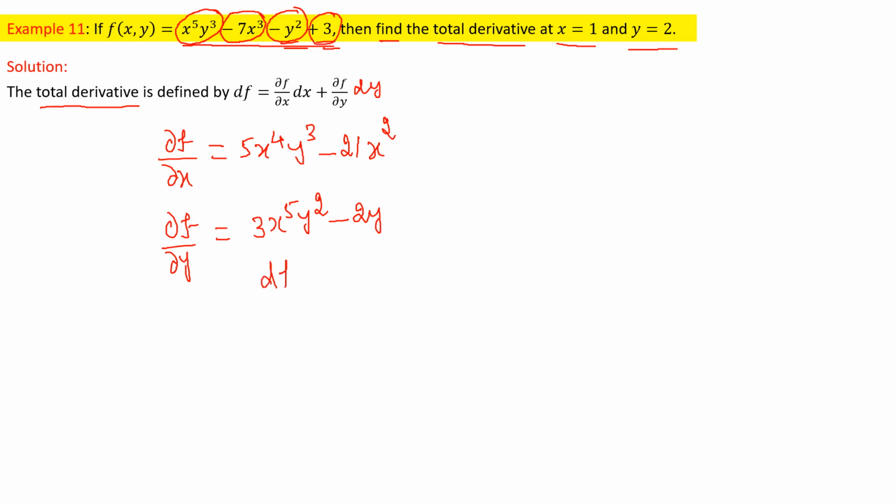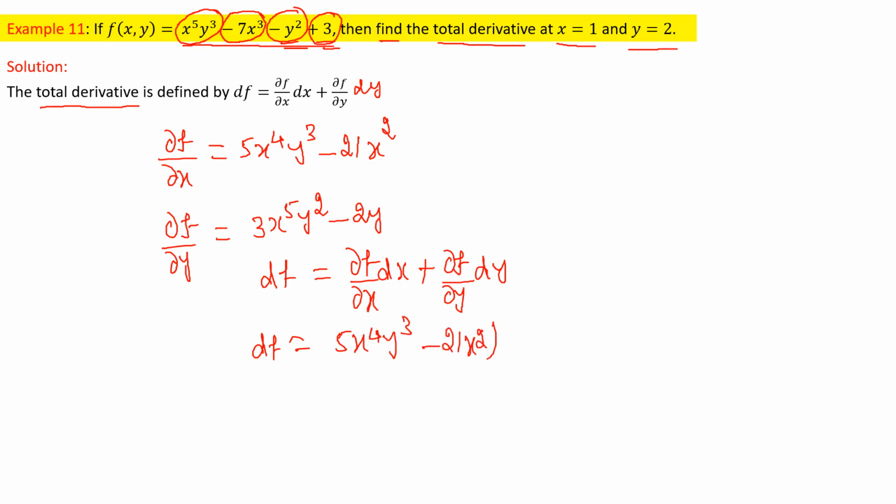Then we will substitute these values in the formula. What is the formula? df equal to dou f by dou x into dx plus dou f by dou y into dy. So df equal to 5x power 4 y power 3 minus 21x power 2 into dx plus the result of dou f by dou y, that will be 3x power 5 y power 2 minus 2y times dy.